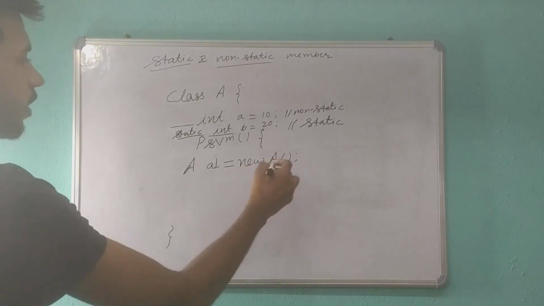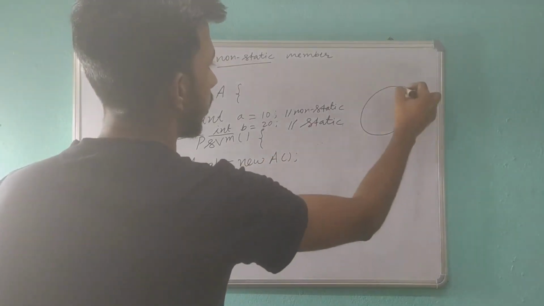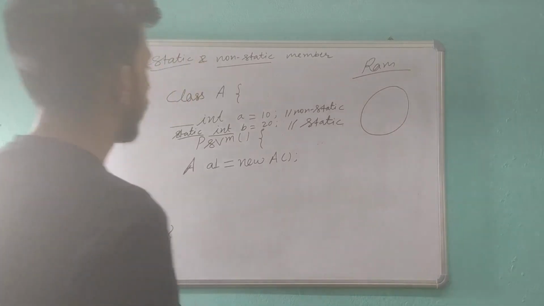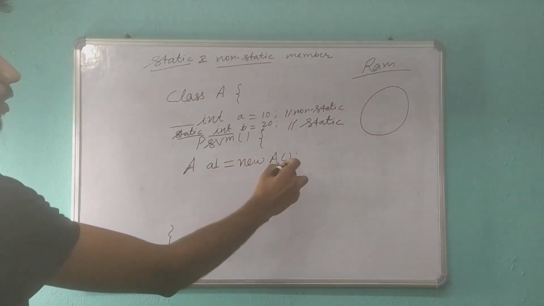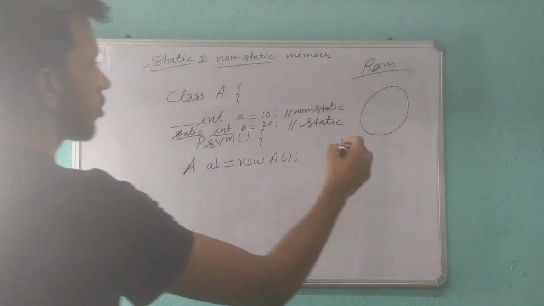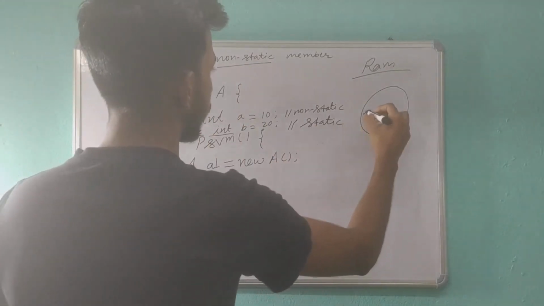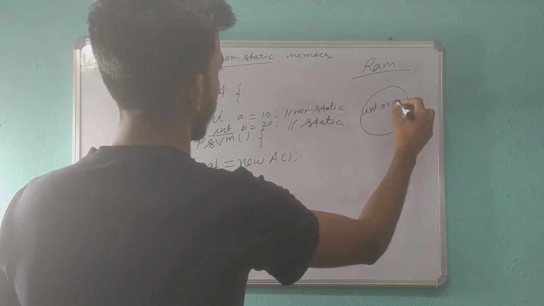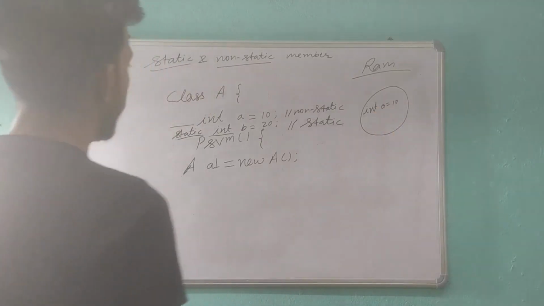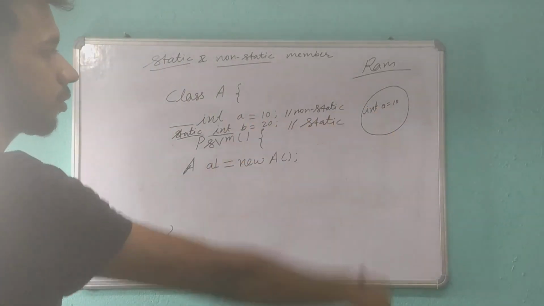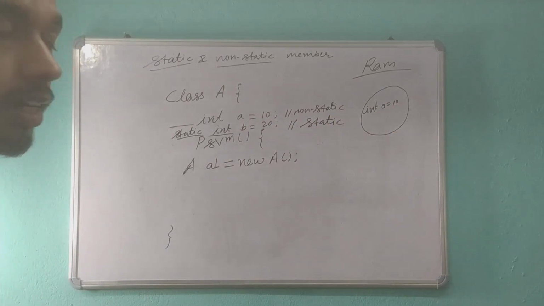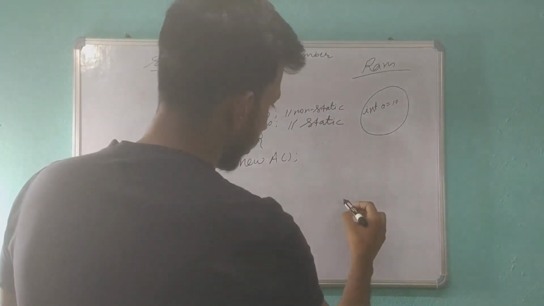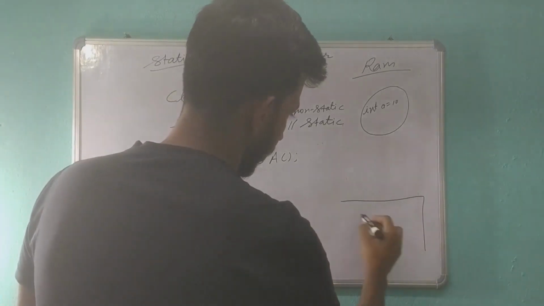After creating the object, one object will be created on RAM. After the object is created, non-static members will get loaded into the object, and static members will not go to the object because static members will go in the class memory area.